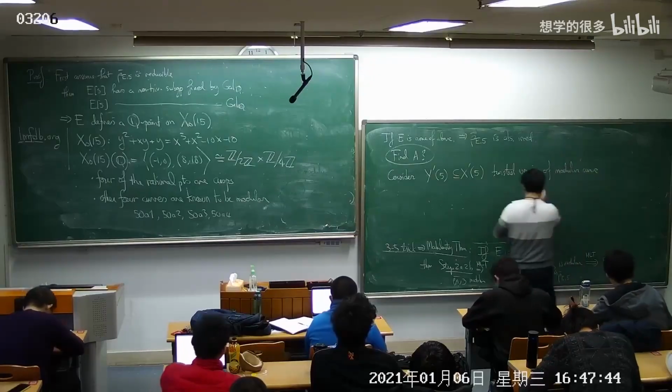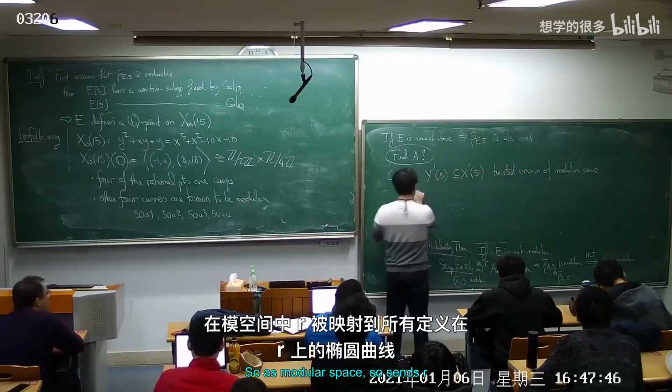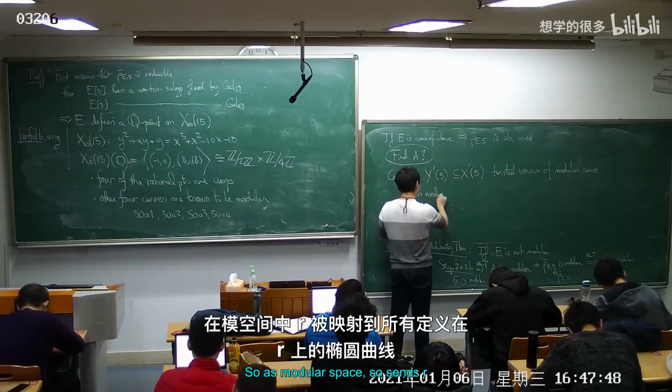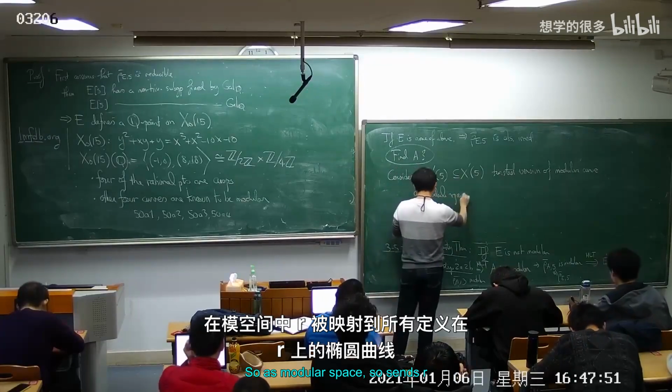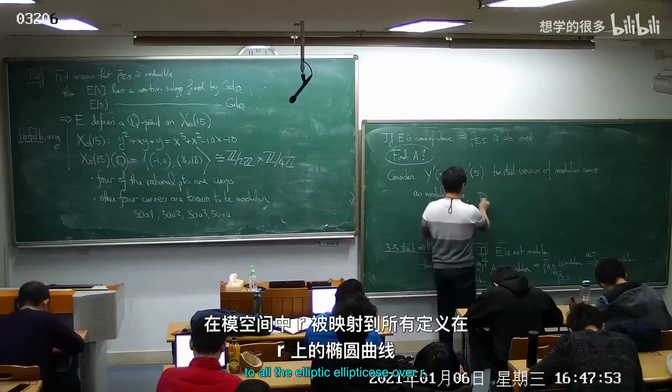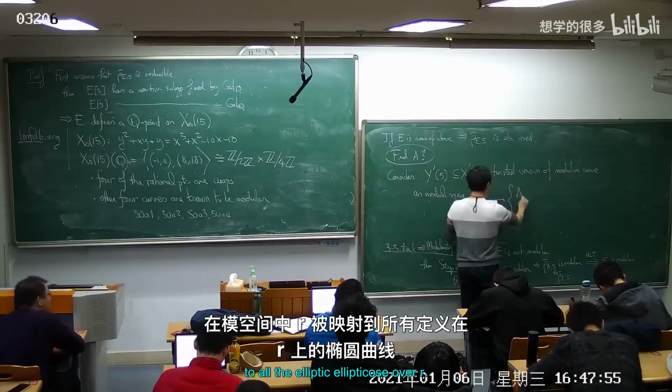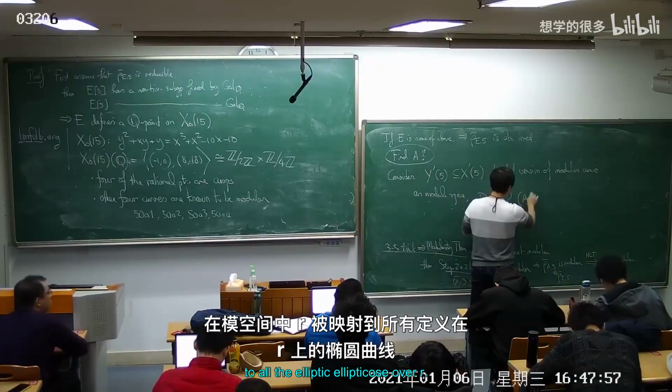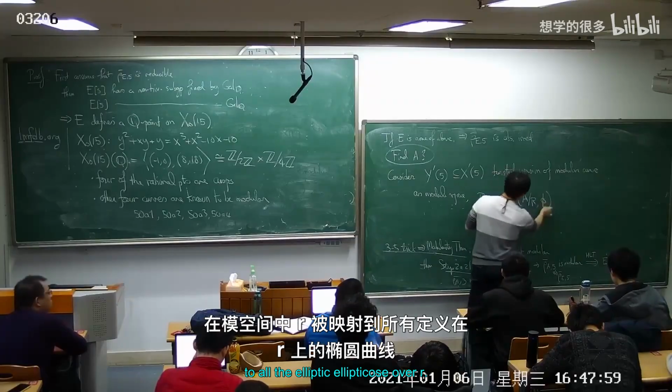It's the following. As a moduli space, it sends R to all the elliptic curves over R.